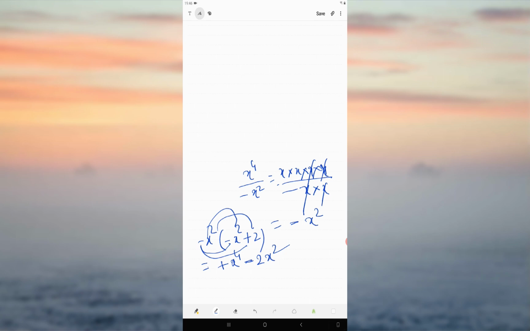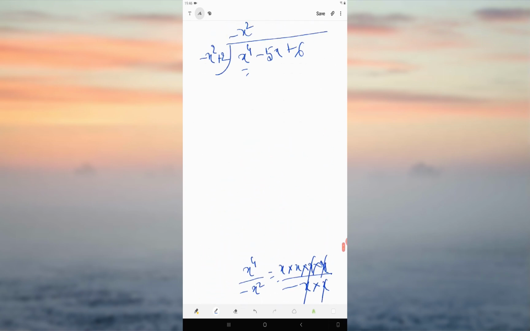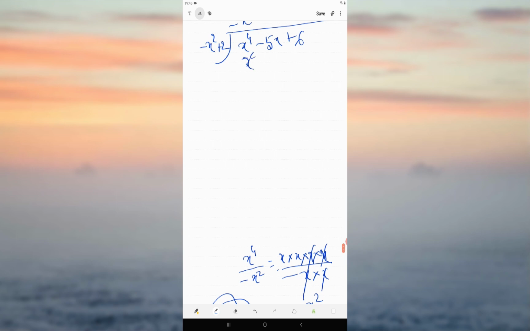So it gave us x to the power 4 minus 2x square, correct? There is no such term in the previous px, so I wrote it outside, as simple as that. So when we do subtraction, I told you there will be a sign change. Since the sign of x to the power 4 is plus, it will become minus, and the sign of minus becomes plus for 2x square. So this will be the final thing.